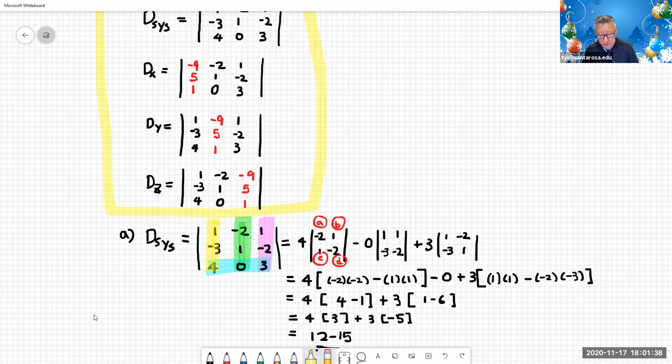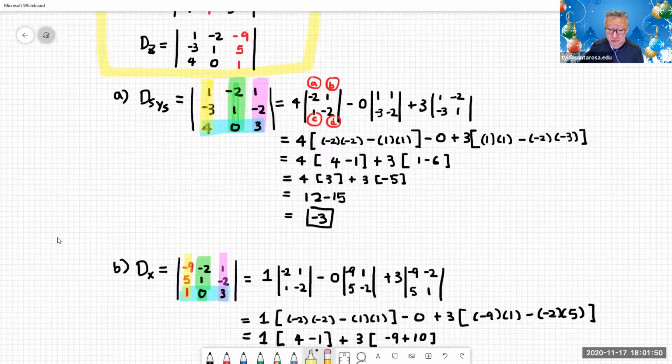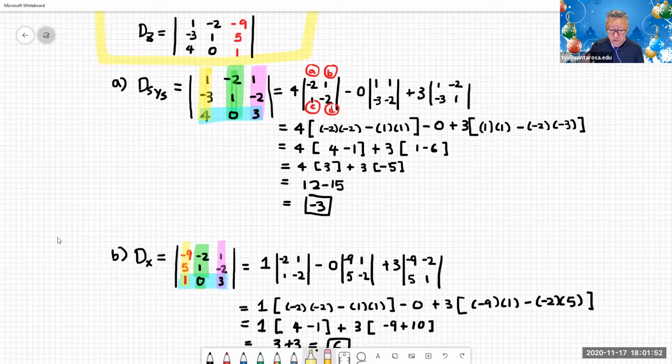For y, you replace the y column with the constant column, and for z, you replace the z column with the constant column. Except the system, you don't have to replace anything, just use the x, y, z columns there. And then you're going to have to determine which row or column you are going to use as your pivot.